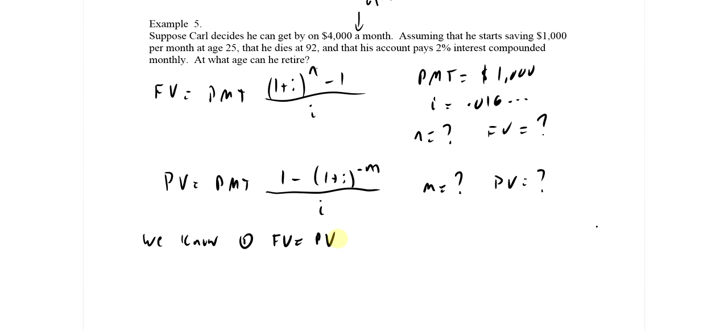So the future value in this problem is the present value in that problem. And the second thing is we're making kind of an unrealistic assumption: the years involved here, he's going to work from 25 and die at 92. So that's 67 years.